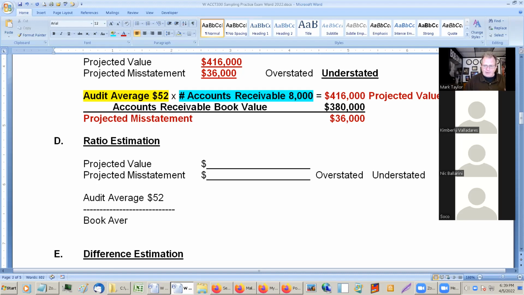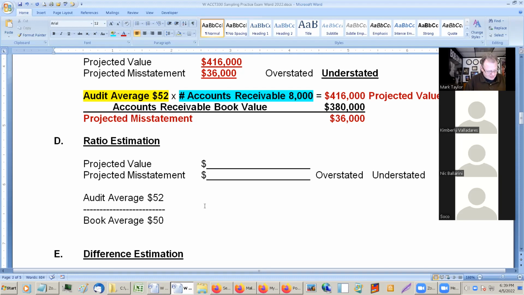And one of the weird things, if you forget which goes on top and which goes on the bottom, it's alphabetical. A, B. There's a ton of things in accounting that are like that.